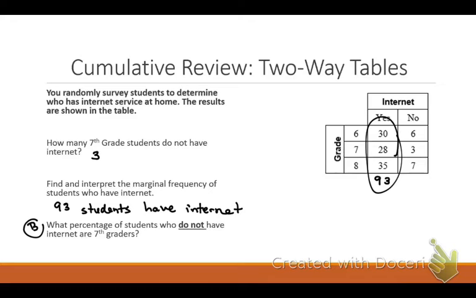So how many 7th graders did not, I'm sorry, it said do not, so it's not that category. So hold on. So it's not this category anymore. It's this one. It said do not. So 6 plus 3 is 9, plus 7 is 16. So I would do 3 divided by 16 to figure out that percentage.